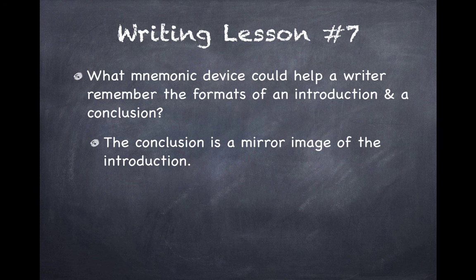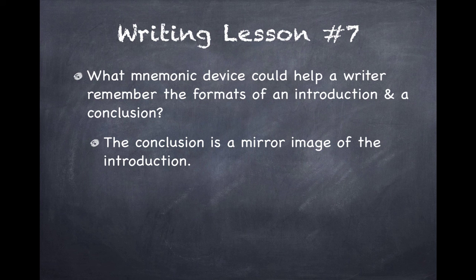So if you think about it, when you look into a mirror, the reflection in the mirror is not exactly the same as who or what is looking in the mirror. It's a flipped version. In the introduction, the hook and the explanation came first, the refer to prompt came in the middle, and the thesis statement came at the end.